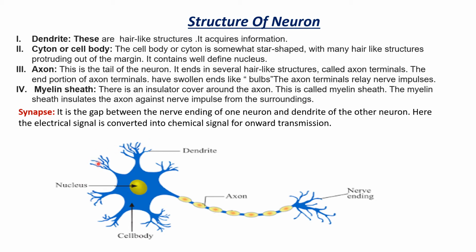And then this information will definitely go down through the axon. Now before that, there is a body over here, we call it the cell body, right? This is a cell body or cyton. It is also known as soma, right? It is star shaped. It has many hair-like structures protruding out.